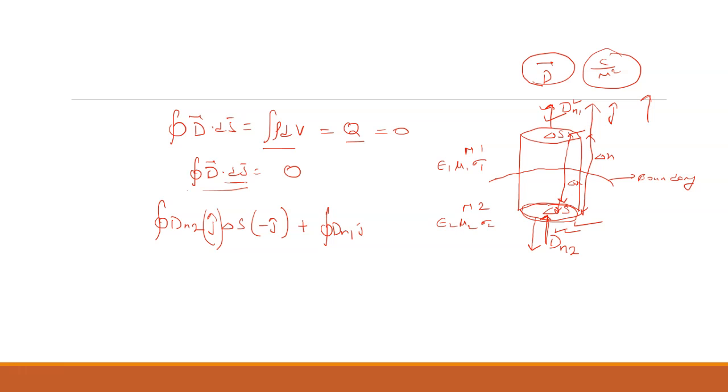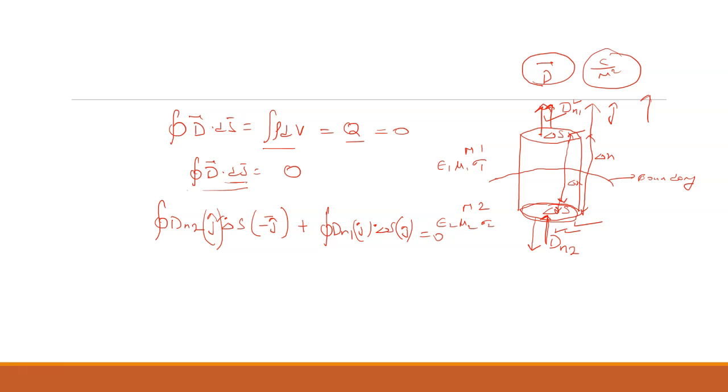Dn1 j cap. Now what is the direction of this cap? It is outward. It is always outward. So it is j cap dot. Now what is j cap dot minus j cap?